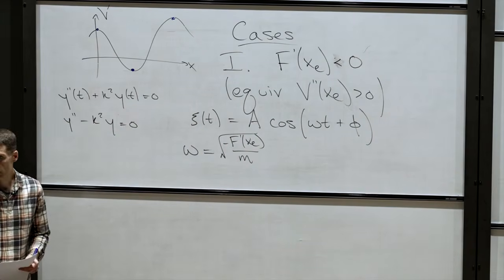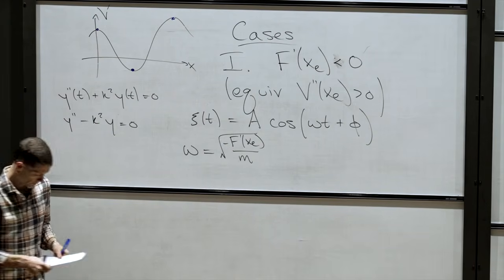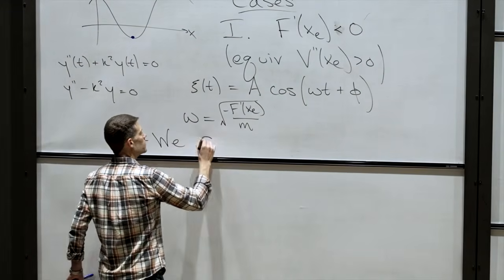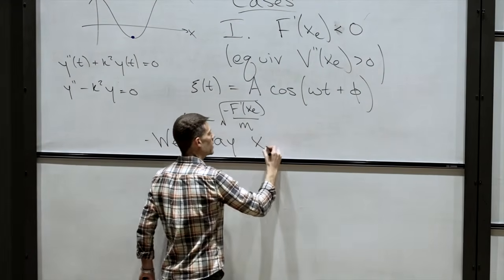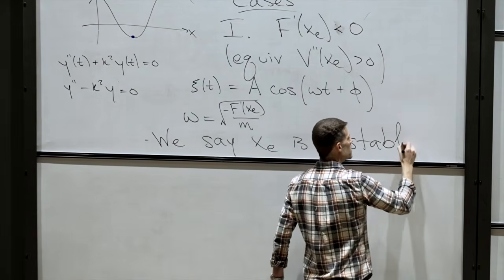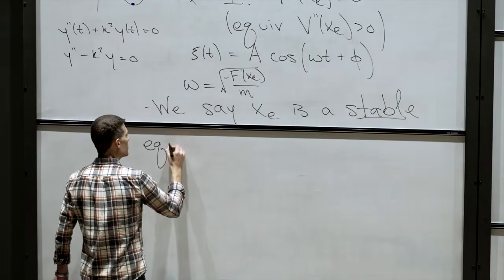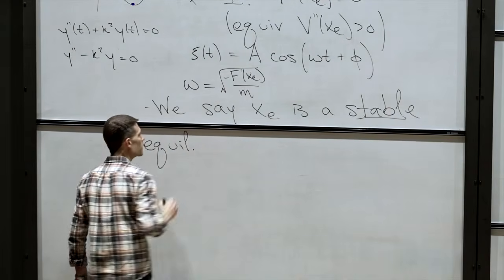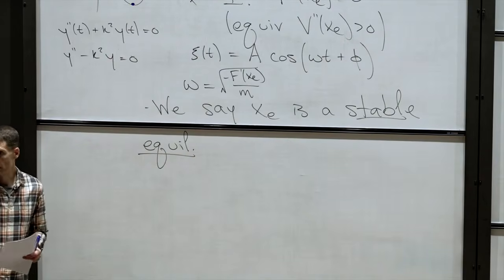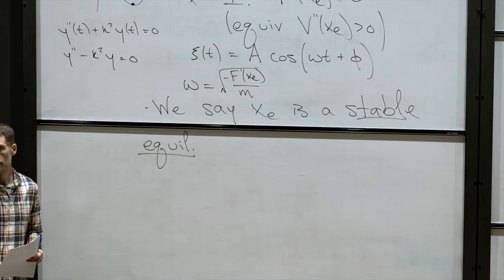It defines a frequency, and this is what we call a stable equilibrium. Now, what we strictly mean is that if the system starts near the equilibrium, it stays near.